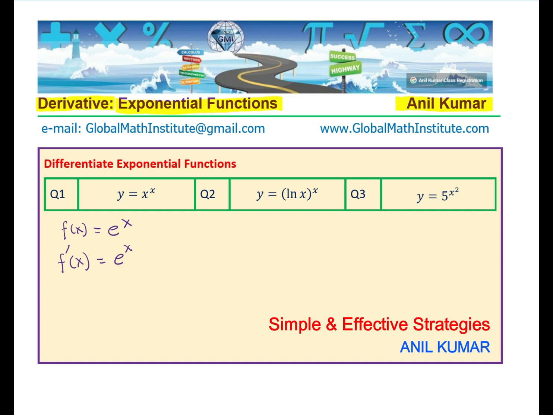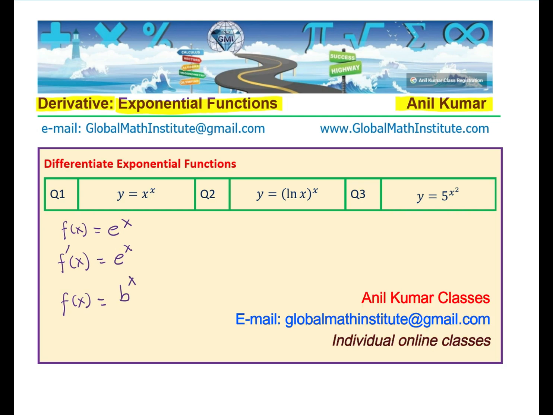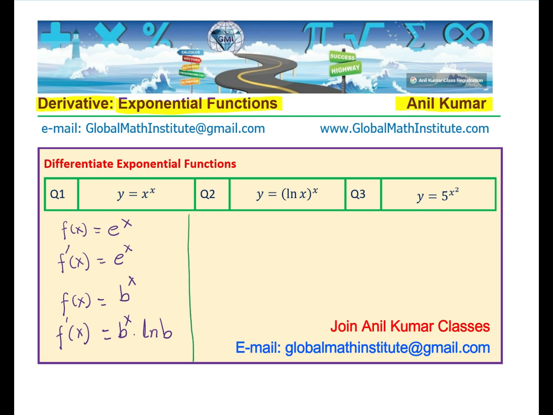And if we are given a function f of x equals b to the power of x, some other constant, in that case, the derivative is b to the power of x times ln b. Correct? So, in both these examples, what you notice is that the base here is kind of constant. The only variable is in the exponent x.